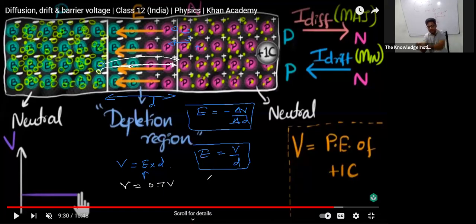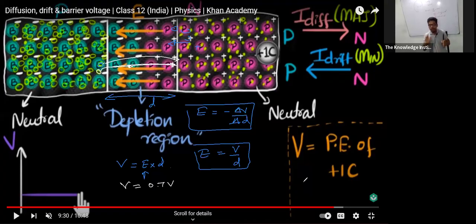I have to give energy equal to a minimum of 0.7 volt, because the definition of electric potential is the amount of work done needed to move a +1 coulomb charge. Here in the right corner, they are explaining the definition of potential, which I think you have studied in the electric field lesson. Electric potential is defined as the amount of work done necessary to move a +1 coulomb charge, right?